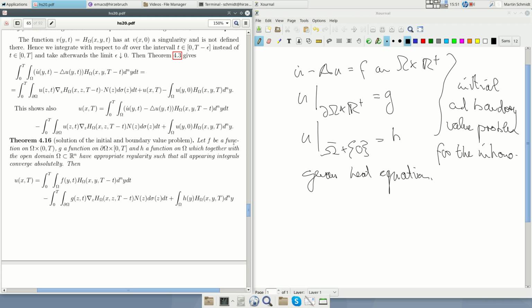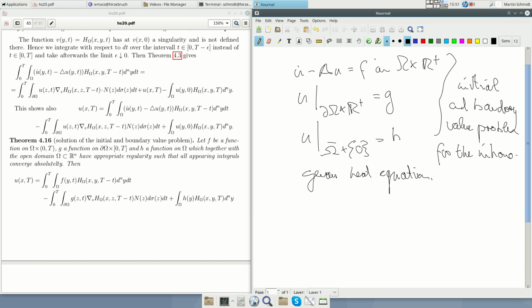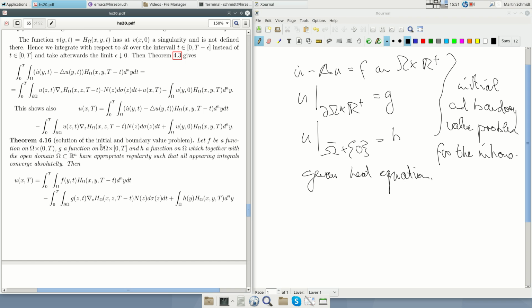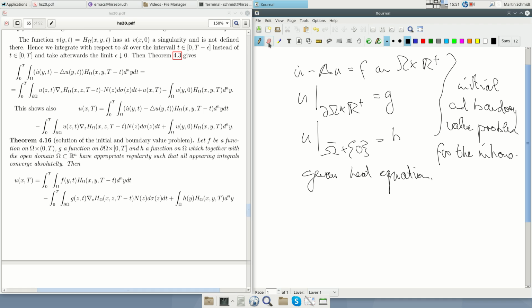So let f be a function, and g a function, and h a function. So f is of course a function here on this domain, or maybe if we restrict, then we say 0 to T, and maybe here open parabolic cylinder.